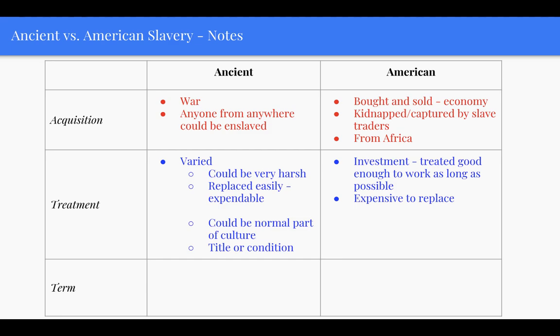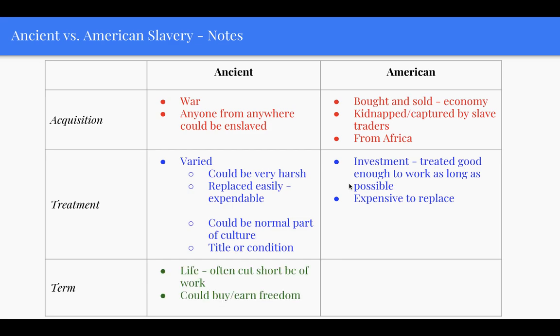Otherwise, the investment wasn't worth it. And also, enslaved labor was expensive to replace. It was a social status. If you had a lot of enslaved people on your plantation, let's say, that meant you were very wealthy. And that meant that enslaved labor was expensive. It was a marker of wealth. So expensive to replace. Remember over here it said they were easily expendable, whereas here, expensive. So look at the differences between these two.